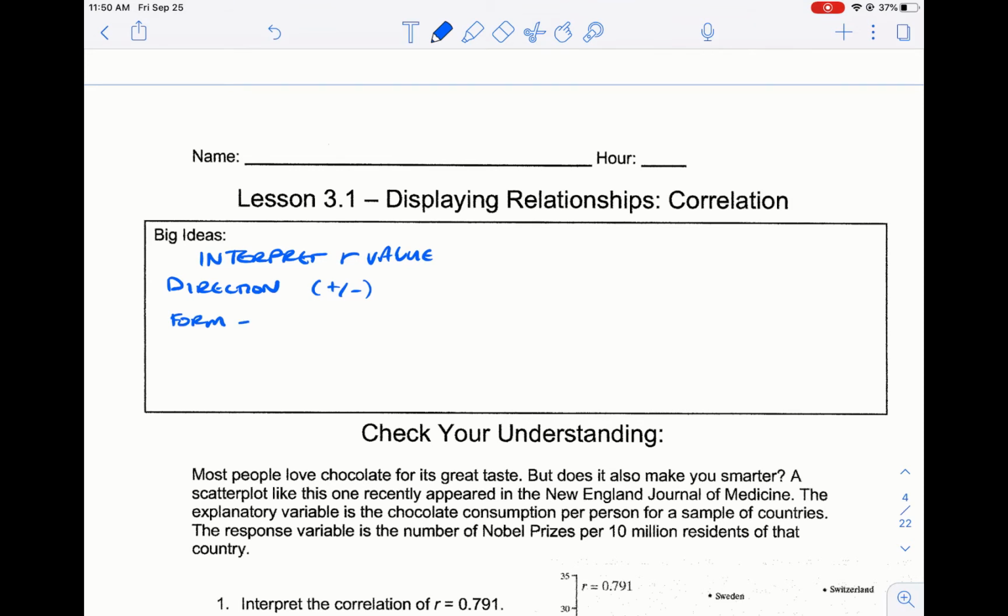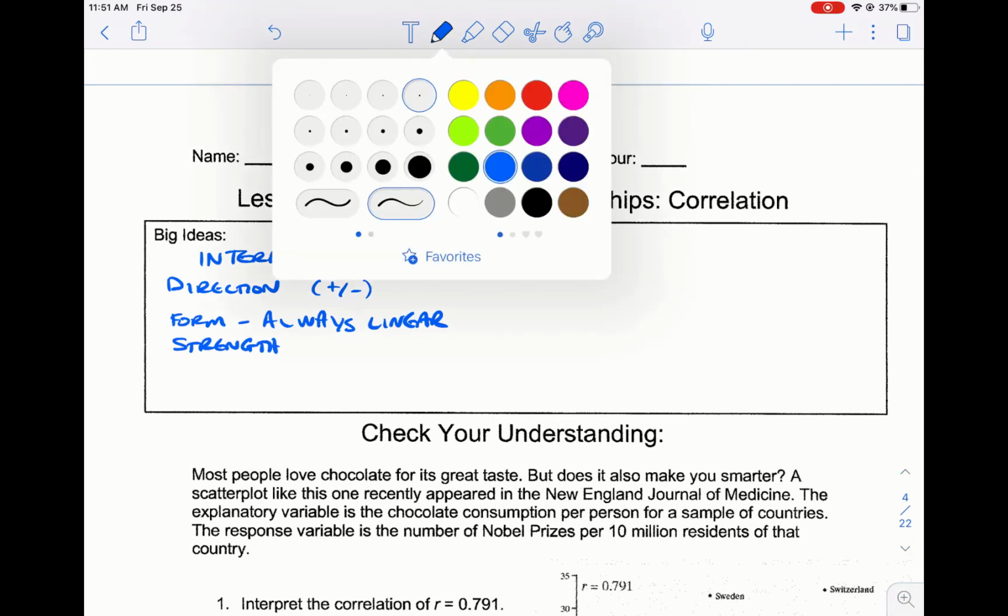And the form, we're looking at it, it's always compared to linear. So if you're talking about R value, you're comparing it to linear. So is it linear or not? How strongly linear is it? And it's going to tell us about strength. So it's strength as it pertains to it being linear.